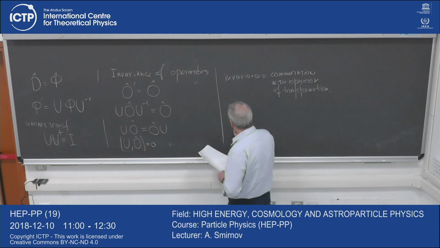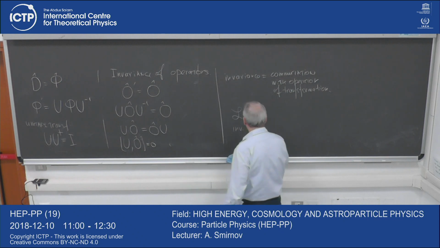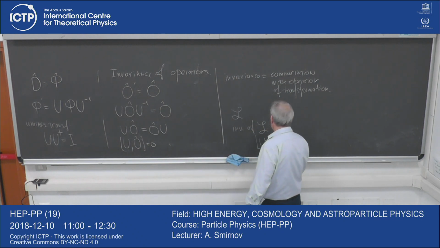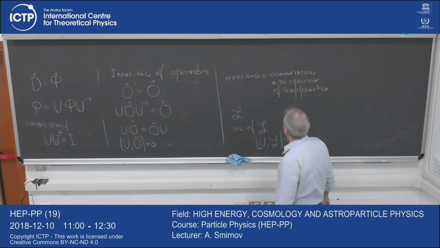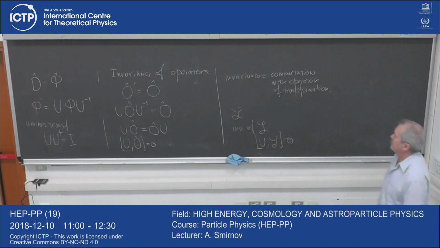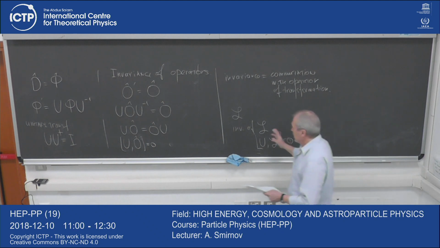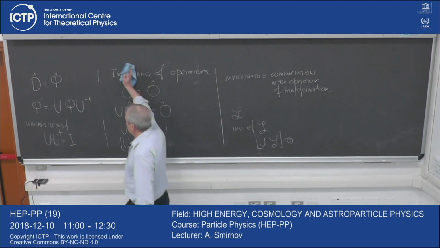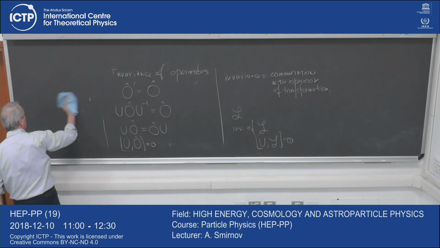And therefore, invariance of Lagrangian is expressed as commutation of Lagrangian or Hamiltonian with the operator of transformation. So this is invariance of Lagrangian. This kind of general formalism allows us to see what are the consequences of the symmetries I mentioned already.